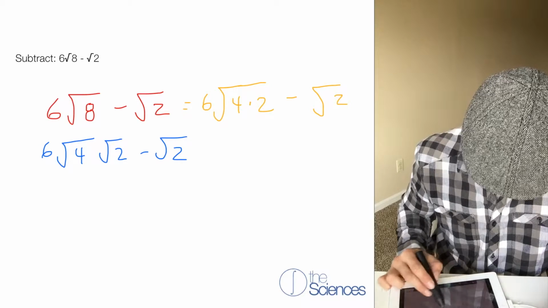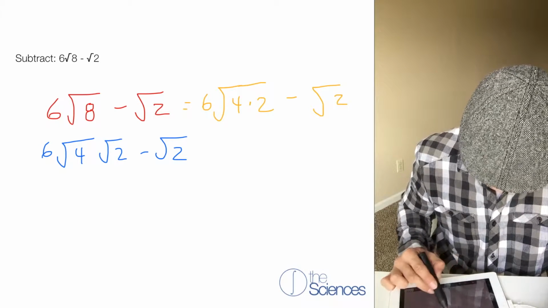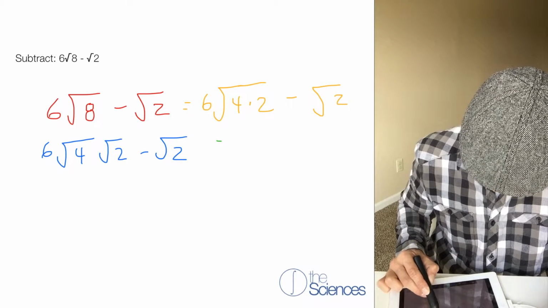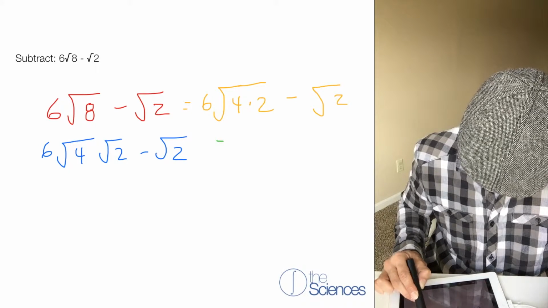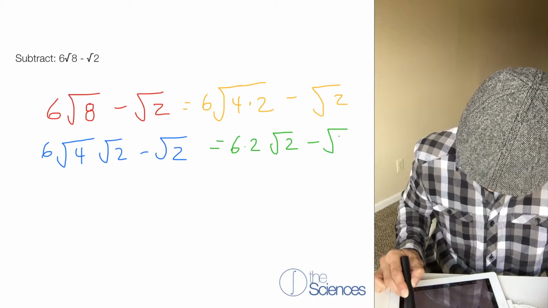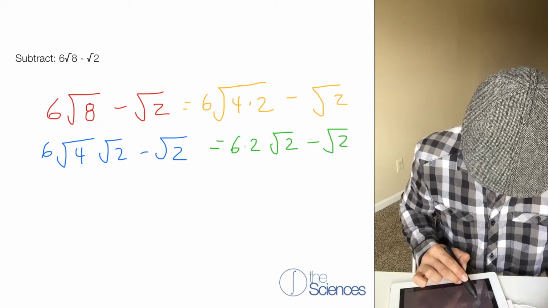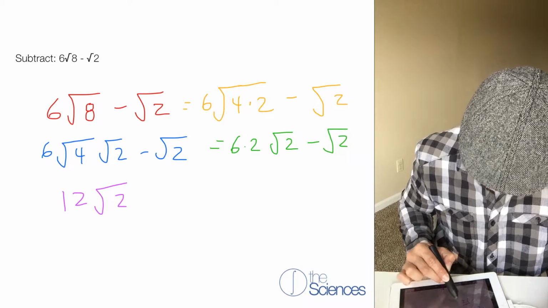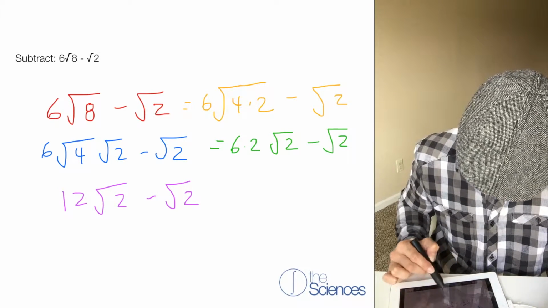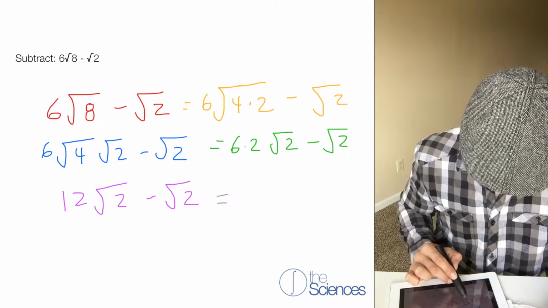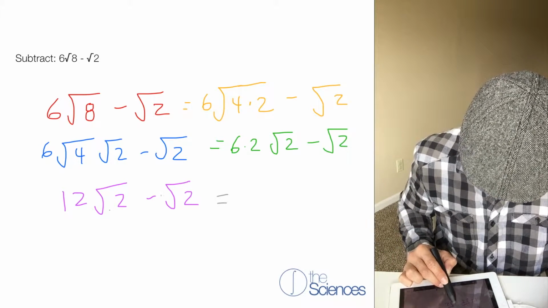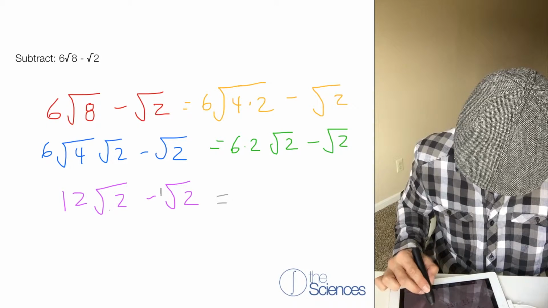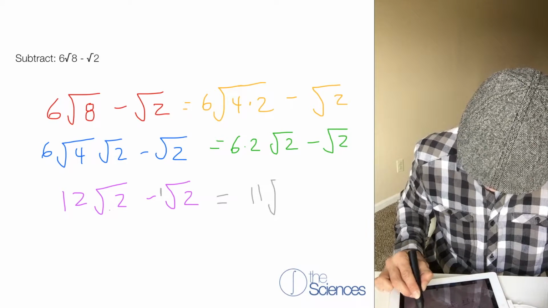Well, the square root of 4 is 2, so we get 6 times 2, the square root of 2 minus the square root of 2. 6 times 2 is 12, the square root of 2 minus the square root of 2. The square root of 2 minus, this would be like a 1 here, the square root of 2 gives us 11, the square root of 2.